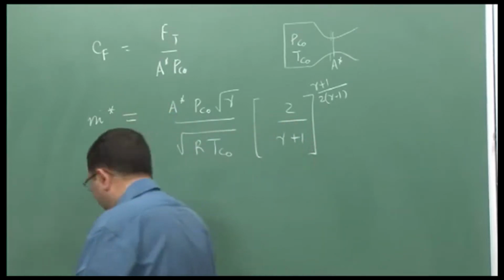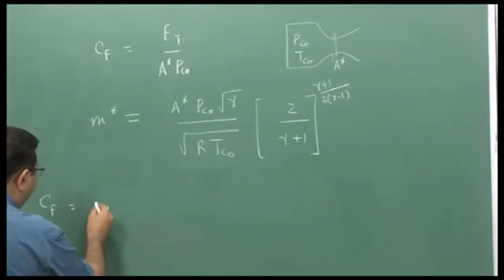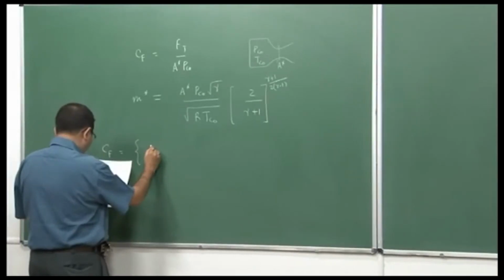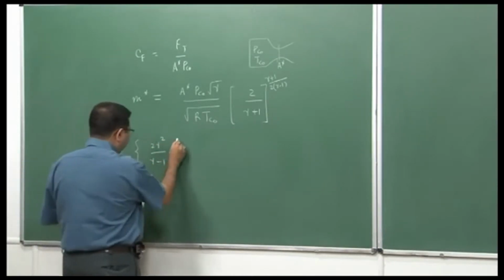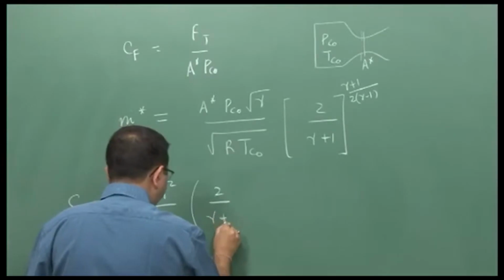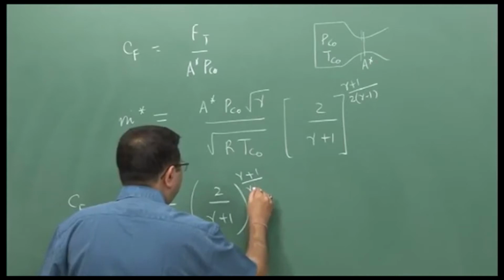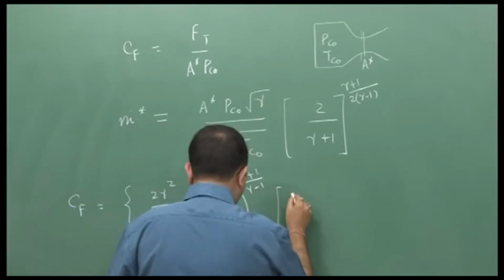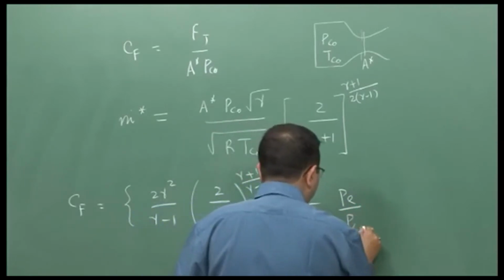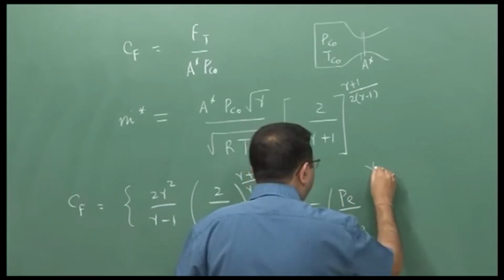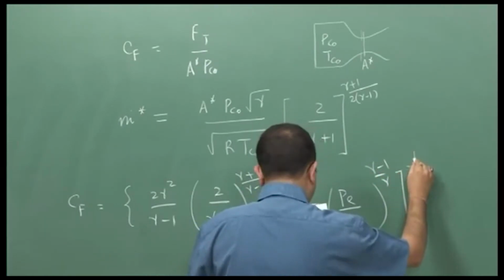we have also proved in the last class that the thrust coefficient can be made independent of every other parameter but the pressure ratio and gamma. So, we have proved this in the last class. The expression has gamma to the power gamma minus 1, minus P e upon P c naught to the power gamma minus 1 by gamma, to the power half.